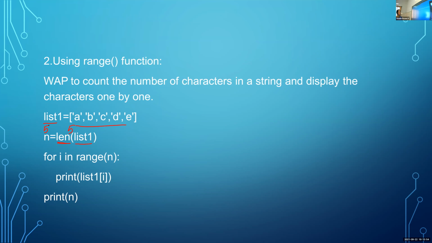Is it clear, this len function? The result of len of list1 is 5, and that 5 is assigned to n. Is it clear, Amal?